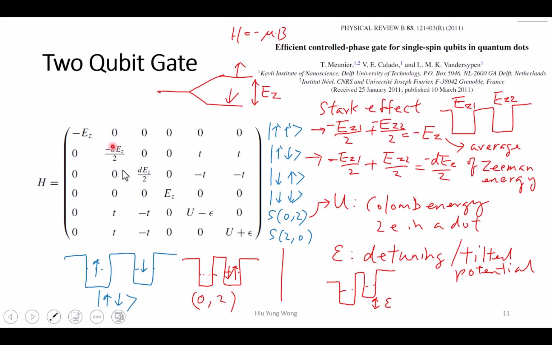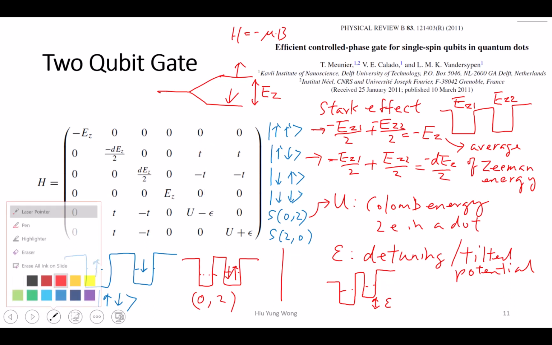So that's why we construct this, and you know that the Hamiltonian determines how the state evolves. That's why it is the quantum gate itself, right? But we still have something, T, and this is very important. That is what enables the coupling, which is the tunneling.